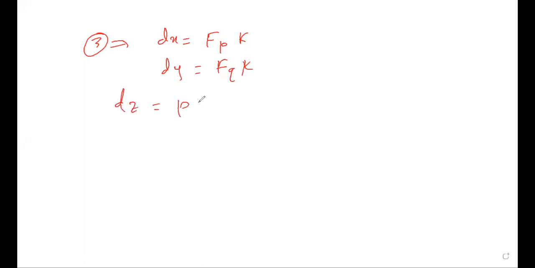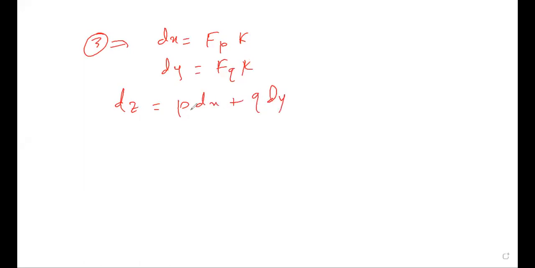Yeah, so we have seen from equation 2 or 3 that dx is equal to fp times k, and similarly dy is equal to fq times k. Also, I have my equation 4, dz is equal to p dx plus q dy.